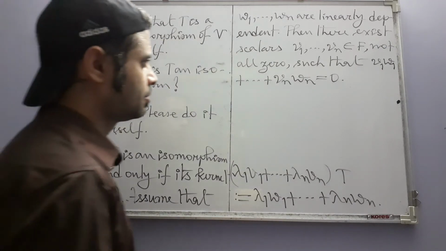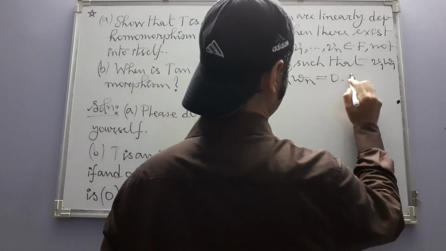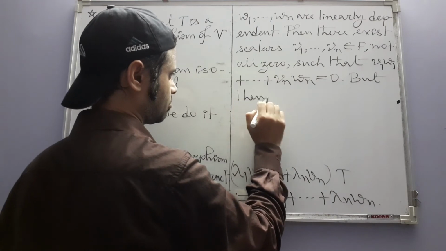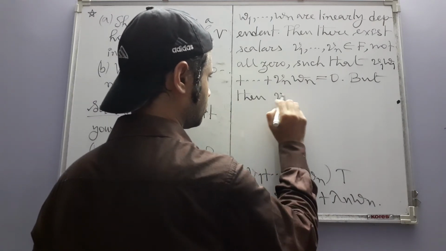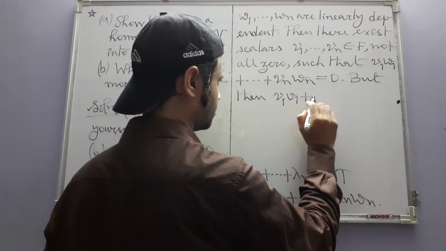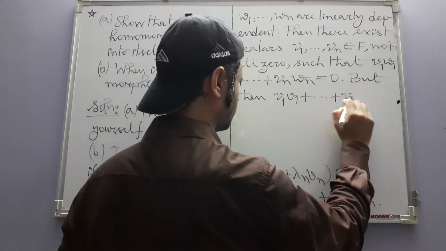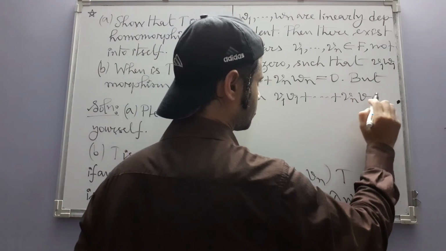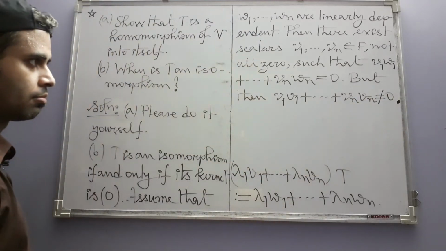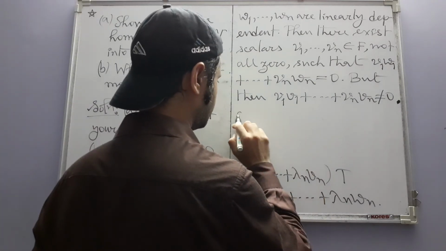Okay, but then what about the corresponding linear combination of the vi's?